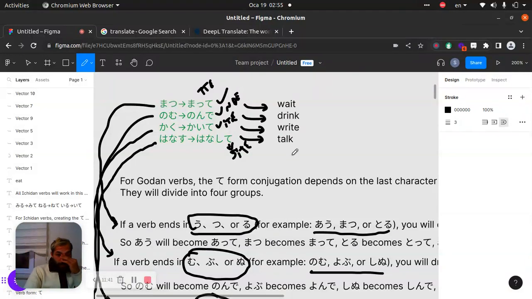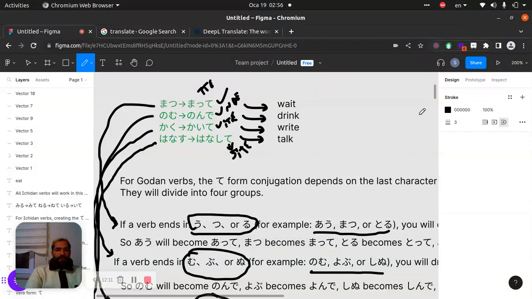So the changing is: wait, drink, write, talk. We're talking about matsu, nomu, kaku, and hanasu. It will change like matte, nonde, kaite, hanashite, right?